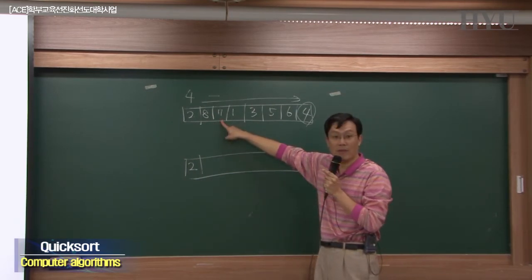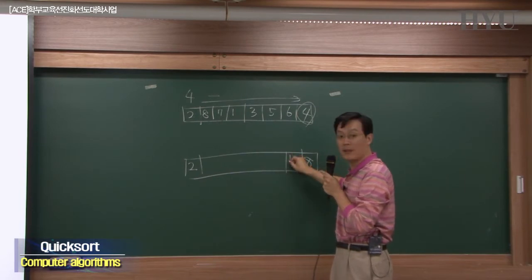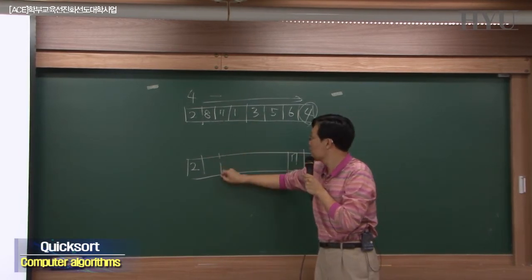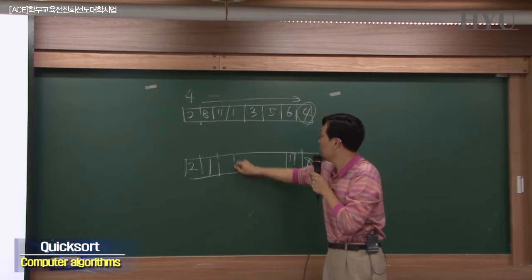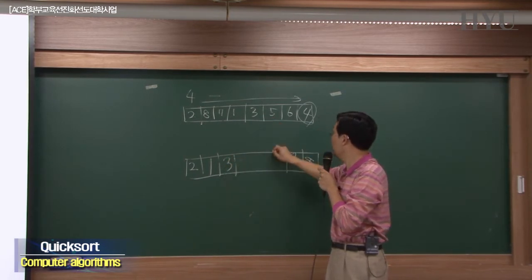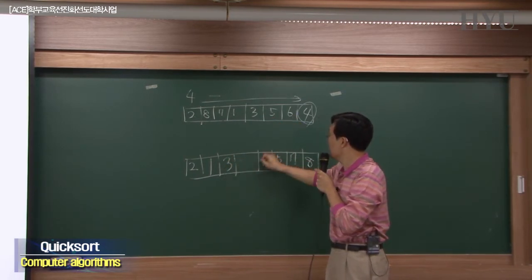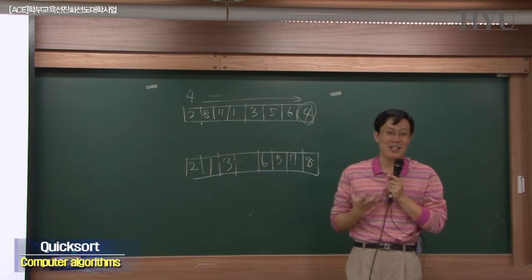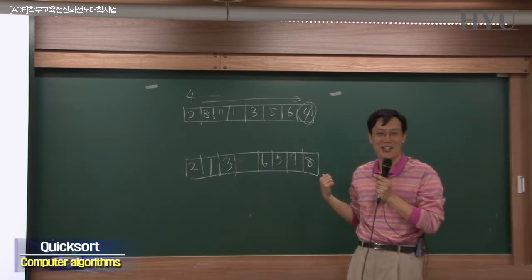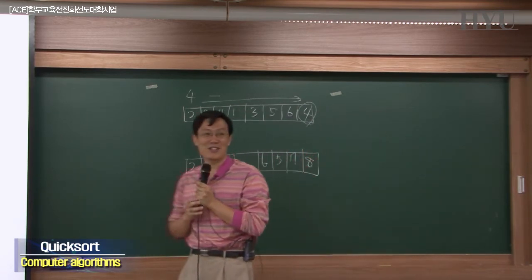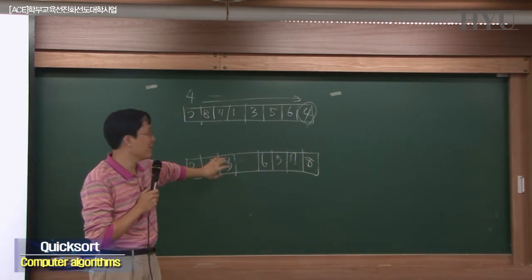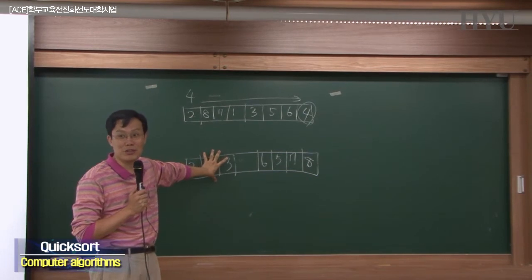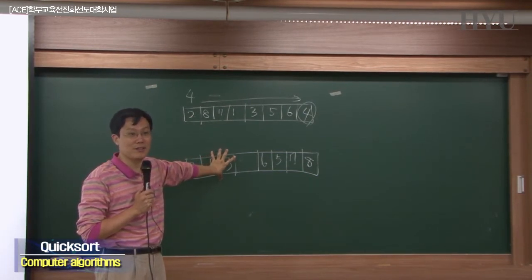And then 7, big; 1, small; 3, small; 5, big; 6, big. Very simple. At least you should think of this solution. There is a very simple partitioning solution like this. Okay?